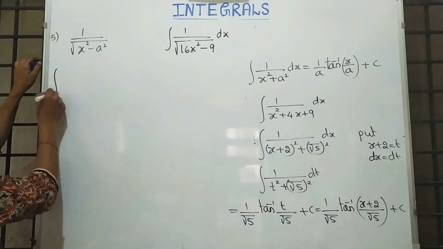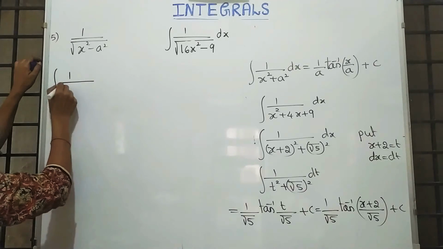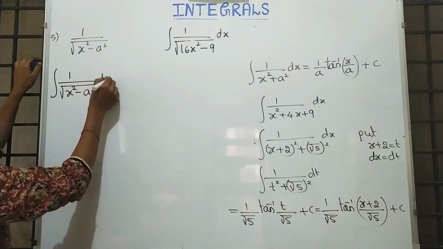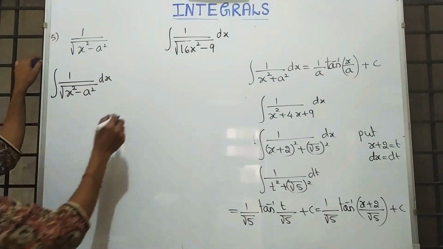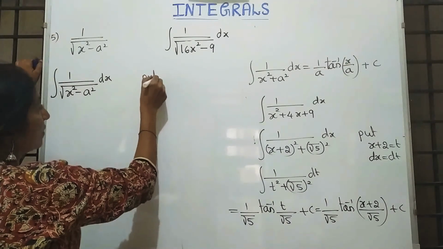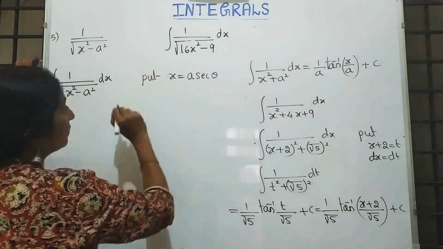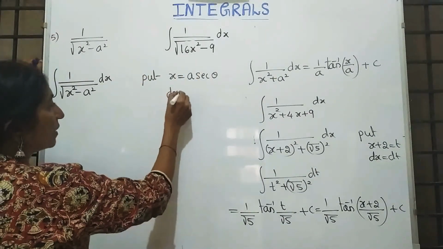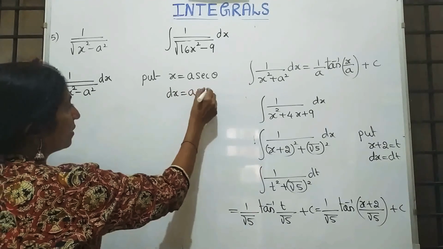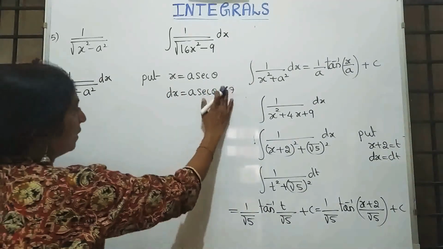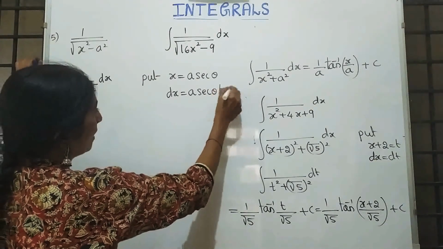So write down with integration 1 upon root of x square minus a square into dx. Now write down the substitution carefully. Put x is equal to a sec theta. Differentiate this. Dx is equal to a sec theta into tan theta into d theta.